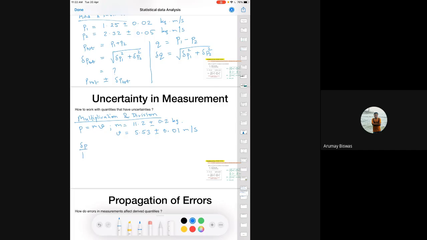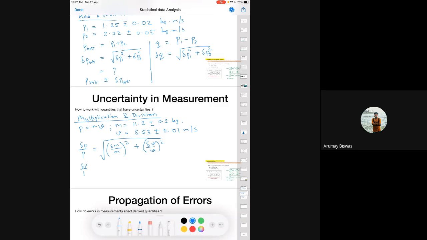In multiplication, it's a bit different. The formula is that the relative error in the momentum is the square root of the sum of the squares of the relative errors. Then you will get some value.